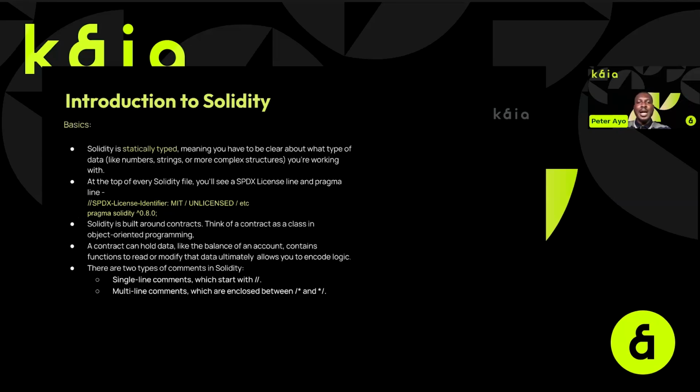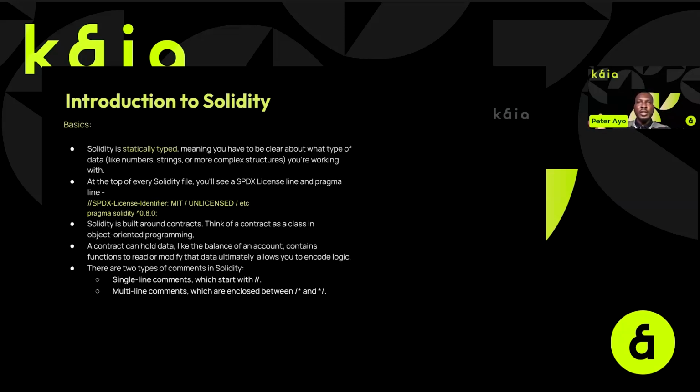It means that you have to be specific about the type of the data that you're working with. In this case, for every variable that you're declaring, you have to specify what type that variable is. So if you're working with integers, you have to specify that this is an integer.